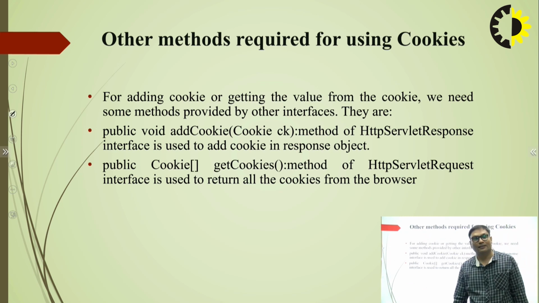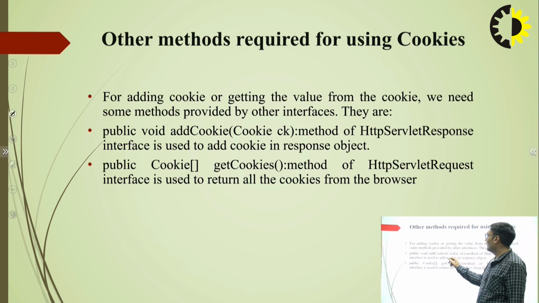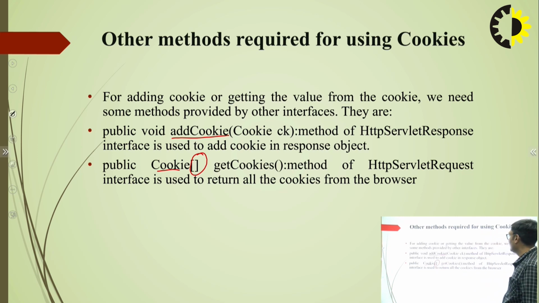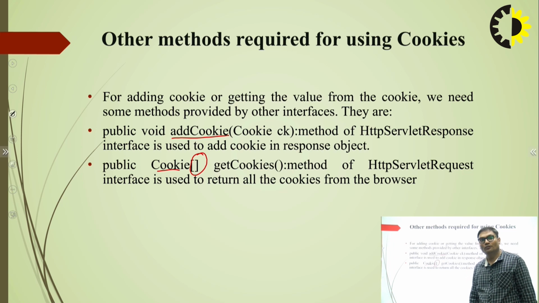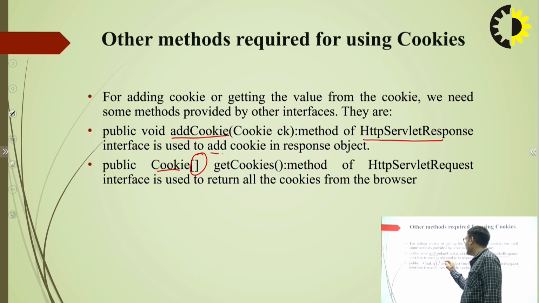Other methods that are written are add cookie and get cookies, right? So these are the 2 methods that are also used. The add cookie method of the HTTP servlet response interface is used to add a cookie in the response object.